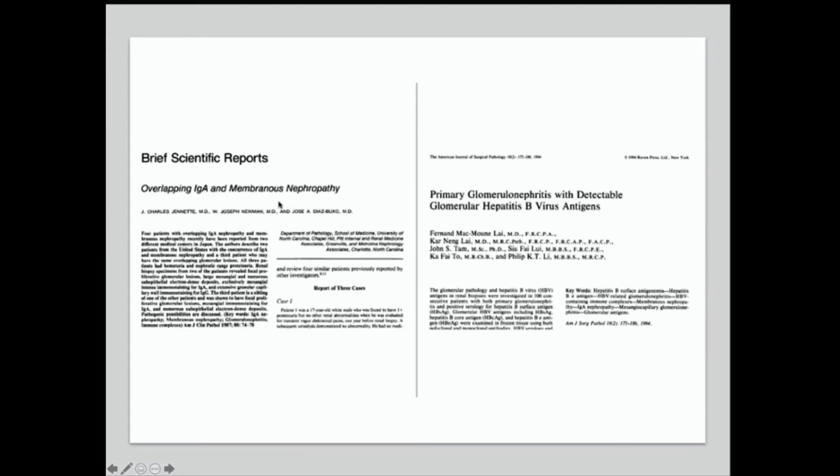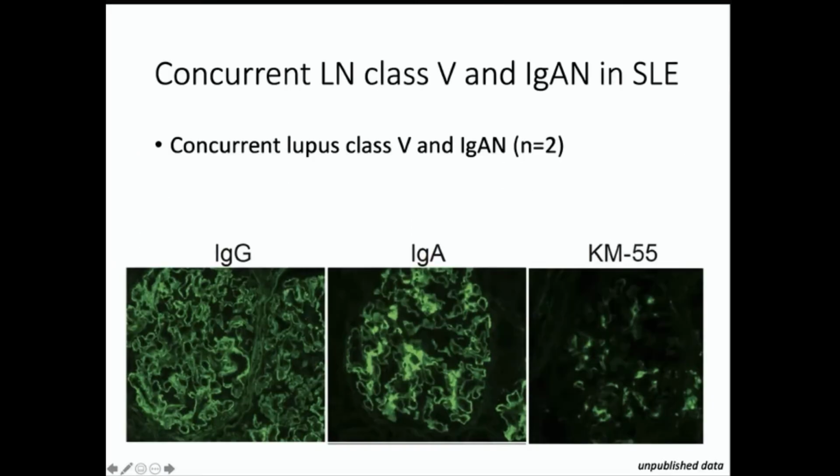So these provide a unique opportunity to recognize 2 different nephropathies happening in the same patient. It's not rare, and we also have other publications, such as primary GN with detectable glomerular Hep B. Hep B patients tend to have membranous nephropathy, and IgA nephropathy was also detected in these patients. To answer that question, there are 2 such cases among all the centers that I collected.